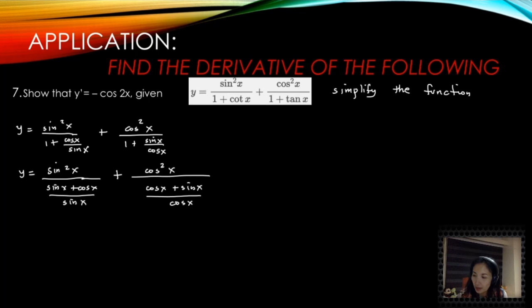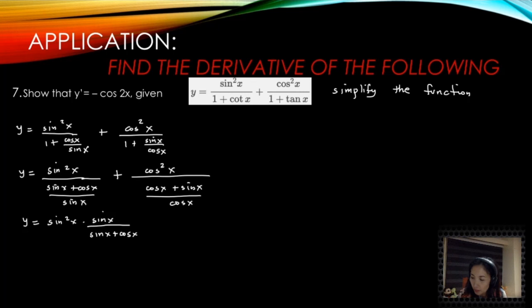Now, continue simplifying the given. y is equal to, take note that division is inverse multiplication. So let's express this as sine squared x times the reciprocal of the denominator, which will be sine x all over sine x plus cosine x.